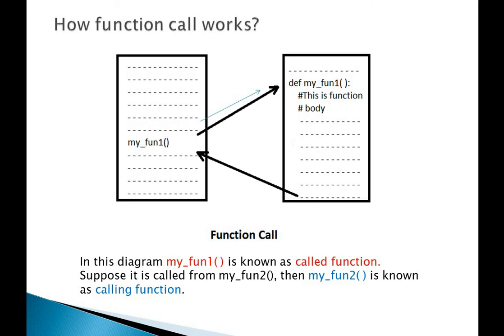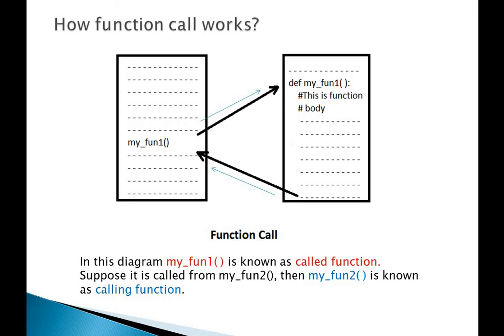Then all statements belonging to the function body are executed accordingly. Whenever the last statement of the function body gets executed, the control is transferred back to the line following the function call. Again it is shown using the next arrow. It is explained.